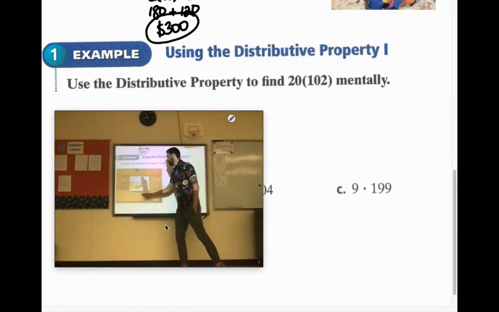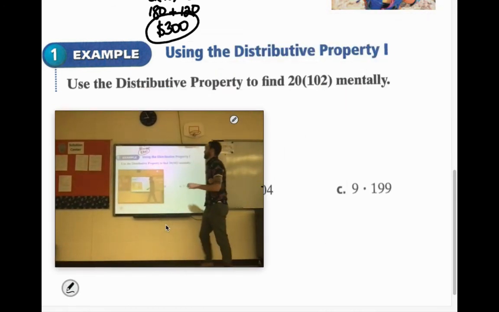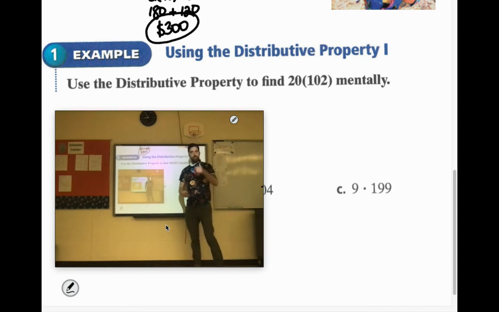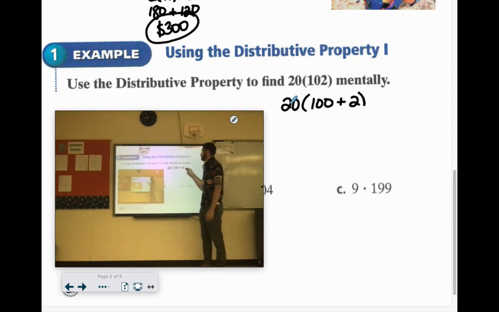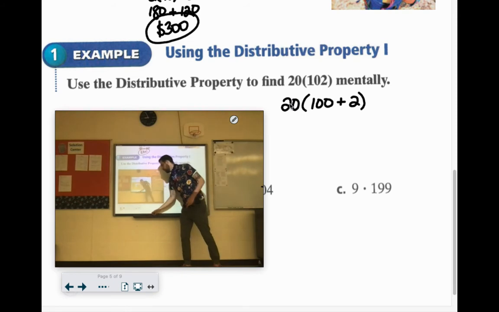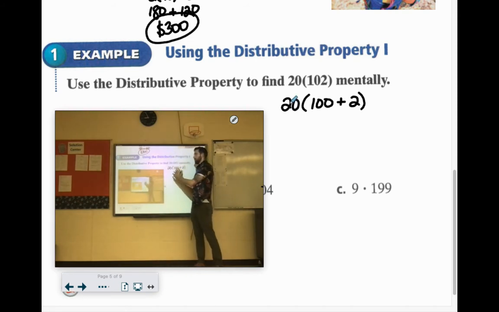Use the distributive property to find 20 times 102 mentally. Now 102 is 100 plus 2. So I'm going to set it up like 20 times 100 plus 2. And this will show our distributive property. When you have a number outside the parentheses and there's multiplication, you multiply it by both terms on the inside.